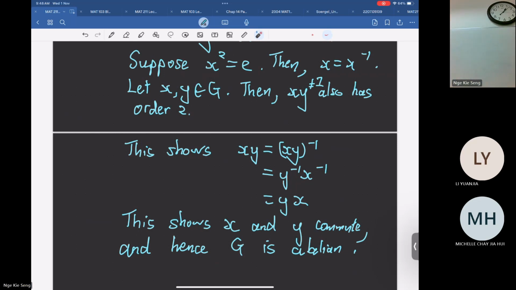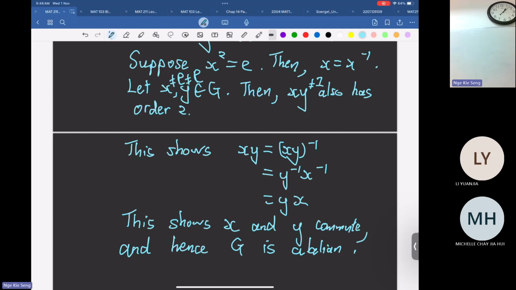Any two elements we have looked at so far, x and y, not equal to identity. So we can look at the cyclic subgroups generated by x and y respectively.